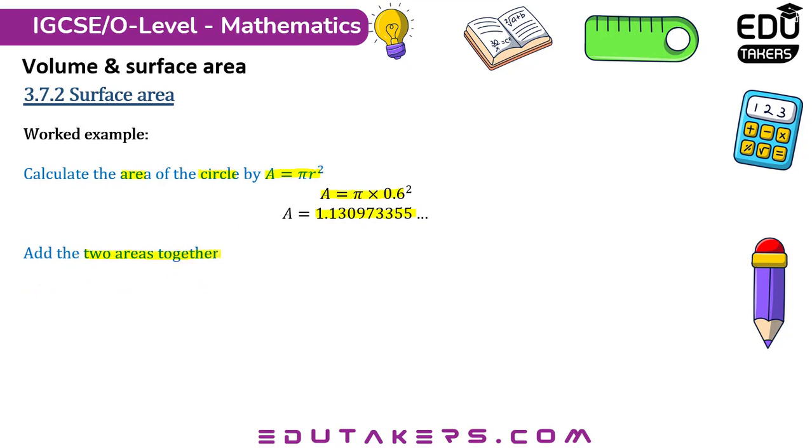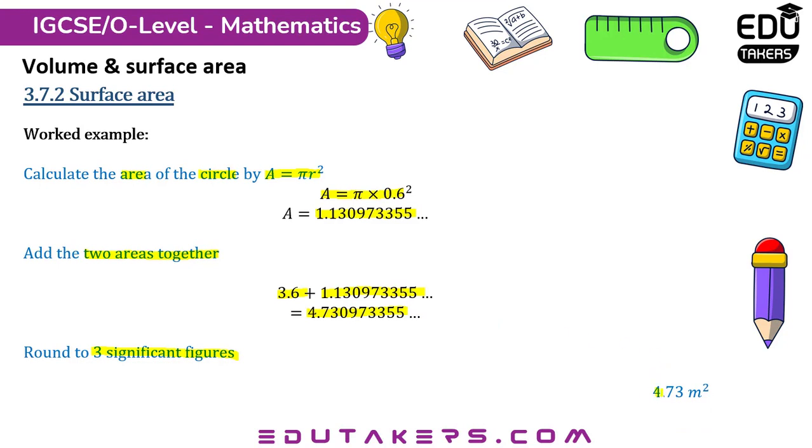Add the two areas together. So 3.6 plus 1.130973355 and so on equals 4.730973355 and so on. Now round to three significant figures: 4.73 meters squared.